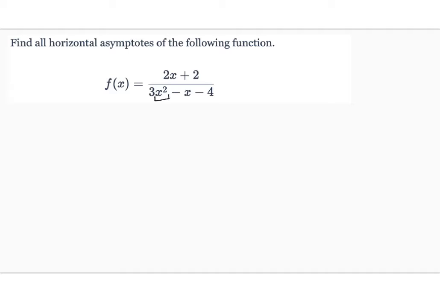So we'd have like 3 times 10,000 and then minus 100 minus 4. That's basically still 3 times 10,000. What I'd like you to notice is that when the denominator has a higher degree, that's going to get much bigger much faster. So we're dividing a small number by a huge number.